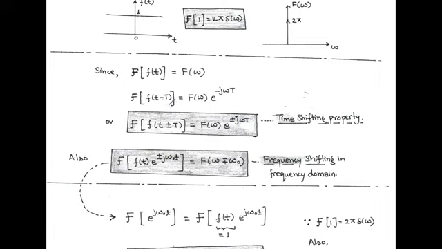Here there is a shifting of capital T. Minus sign indicates there is a delay. So in this case the Fourier transform of the shifted signal is F(omega) e to the power minus j omega T.